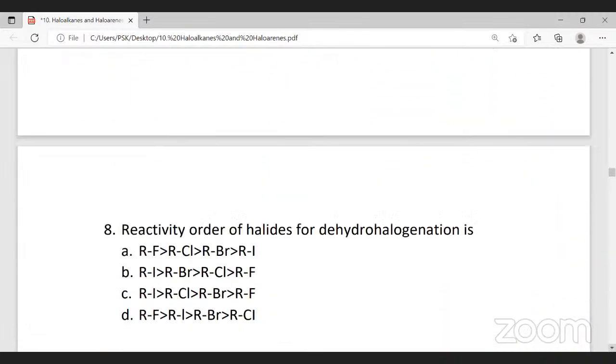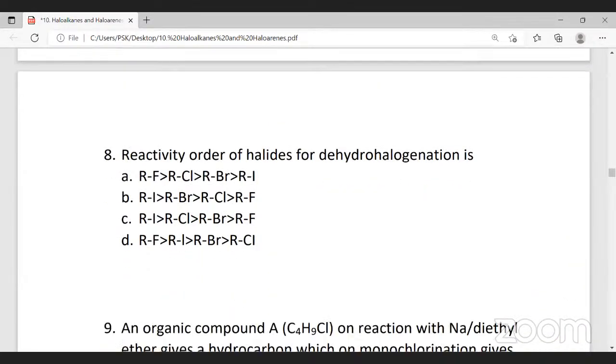Now coming to the next set of reactions, the reactivity order of halides for dehydrohalogenation. What is the reactivity order of halides for dehydrohalogenation? Now you should understand that as the atomic size increases, the bond strength decreases.